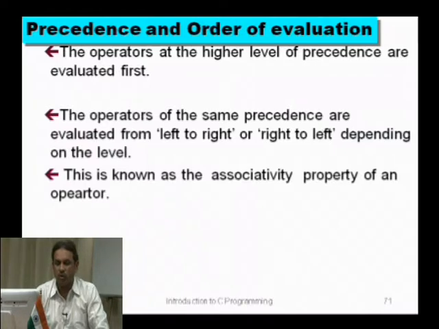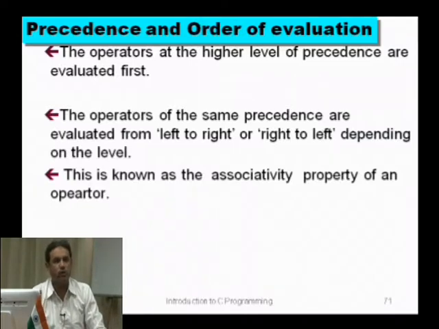Then if operators have the same precedence, suppose multiplication and division, which is to be evaluated first? Again we follow a rule: we evaluate from left to right. Whichever operator comes first from left to right will be evaluated, then the next one.